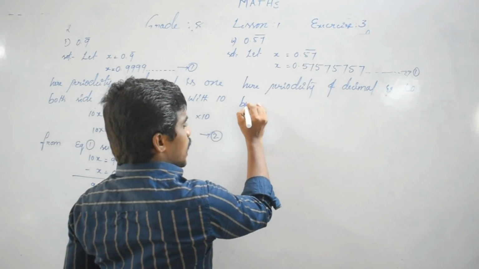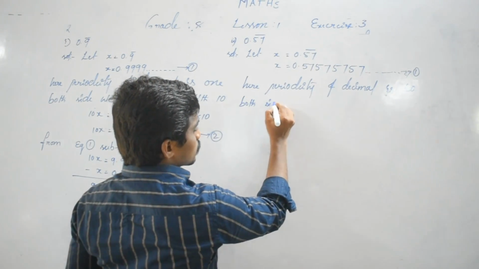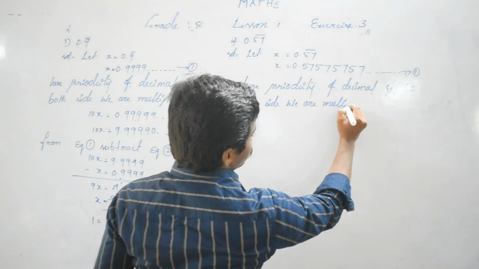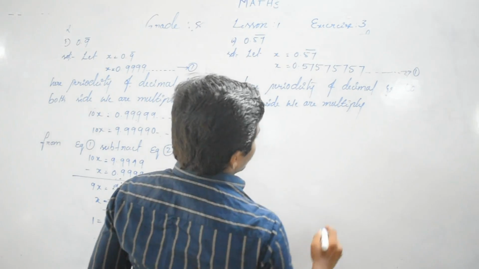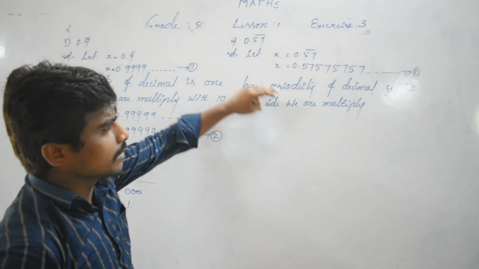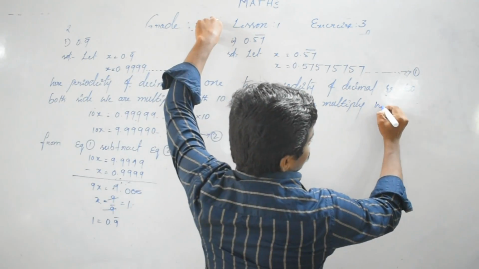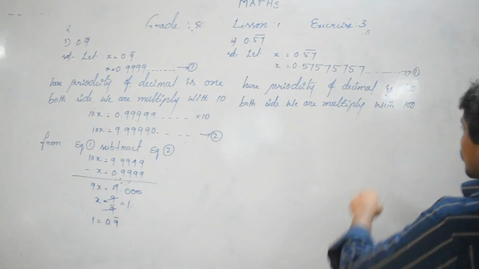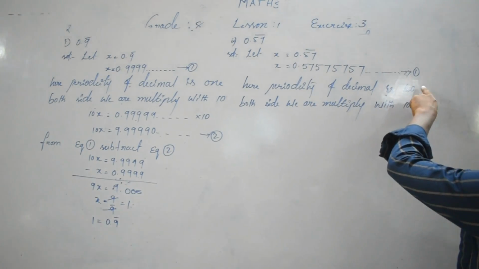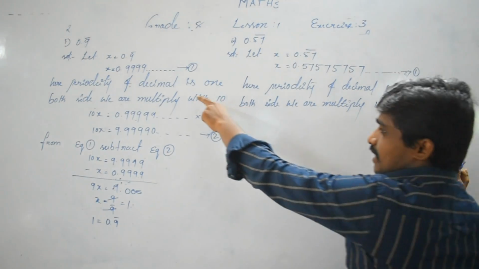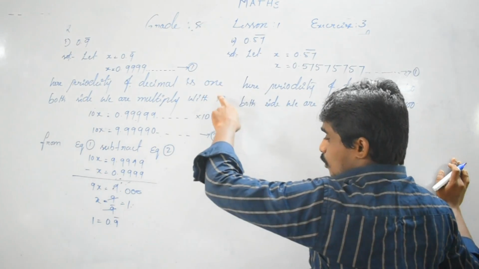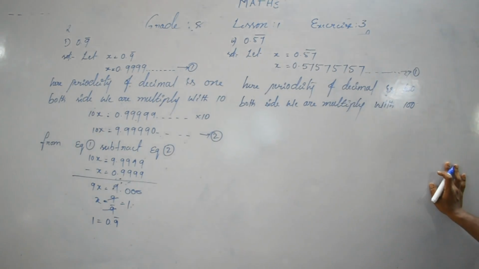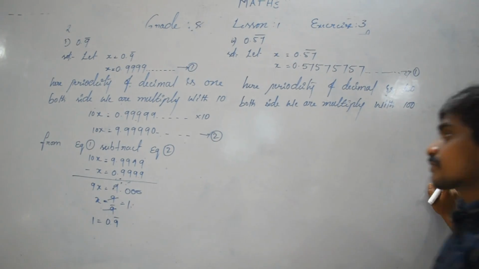So on both sides we multiply with 100. Here periodicity is 2, both sides we multiply with 100. If periodicity is 1, both sides we multiply with 10. If periodicity is 3, both sides we multiply with 1000.